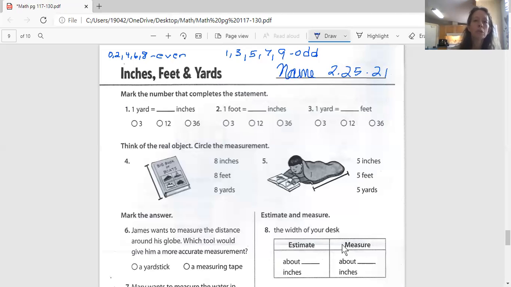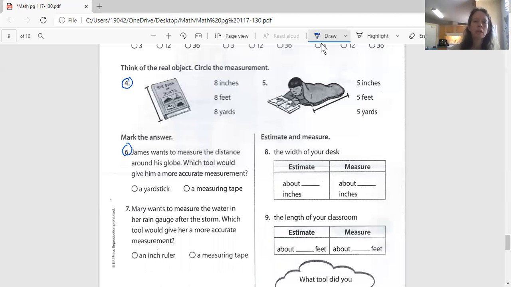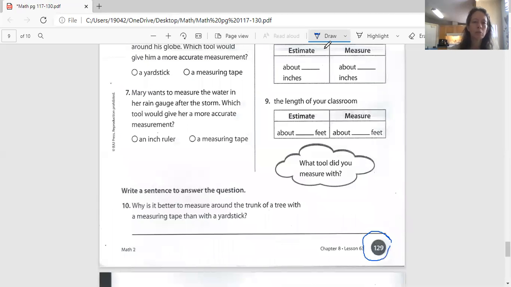I'm going to do this one. 4 is an even number. Is 5 an even number? Nope, it's up here on the odd side. 6 is an even number. 8 is an even number. And that brings me to the end of my page. Oh, 10 is an even number.